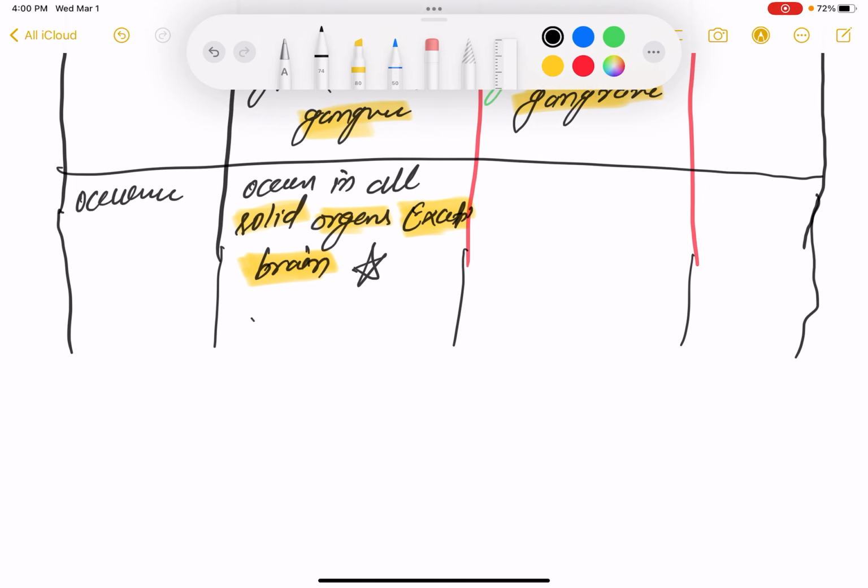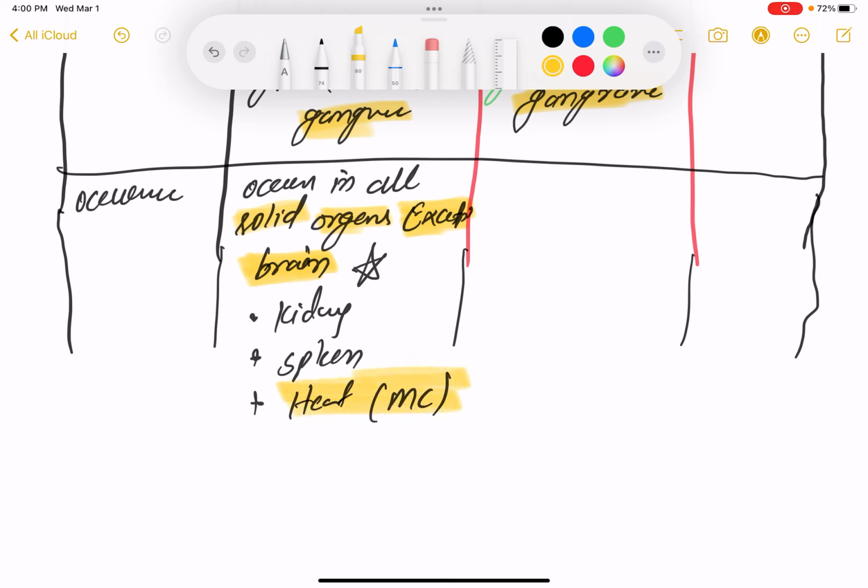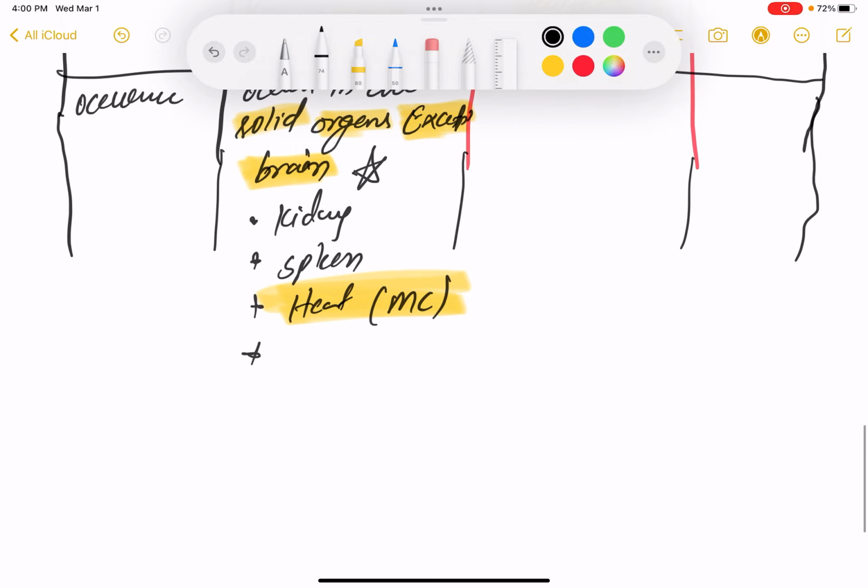Some examples are kidney, spleen, or heart. In coagulative necrosis the heart is most common, and also liver, etc.